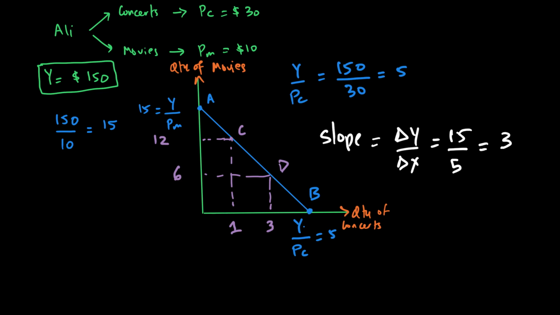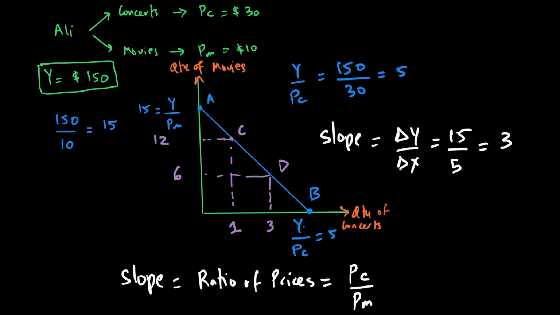What does this 3 mean? First of all, this 3, the slope of the budget line, is simply the ratio of prices, which means it's P of C over P of M, or P of the good on the x-axis over P of the good on the y-axis, which in this case is 30 over 10, or 3.